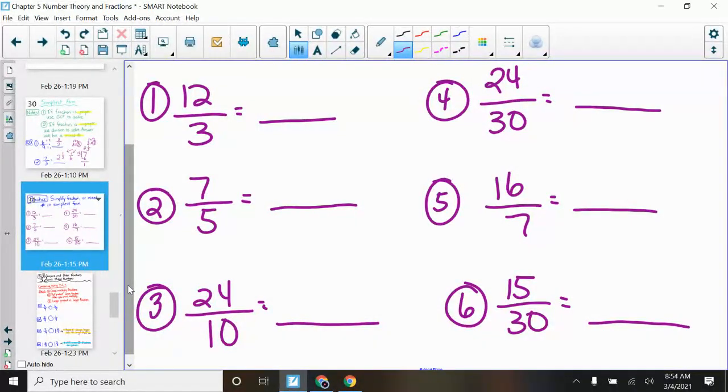Dominic, work problem number 1 on the board for us. Number 2, Allie, you get to come to the board and work problem number 2. If I choose you and you haven't completed that question yet, it's not a big deal. You just complete it on the board. Number 3, Sophia. Number 4, Shane. Addison, you're up for number 5. Emily, you're up for number 6.